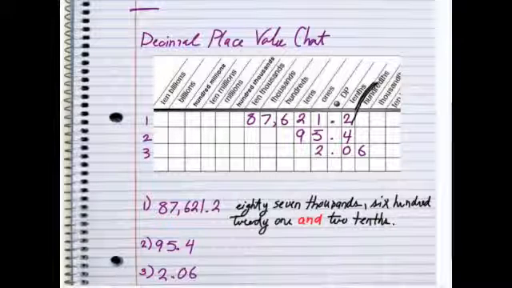Remember, in the last video we talked about never ever ever use and, because and represents a decimal point. So you have to make sure you're absolutely inserting and in these examples, wherever your decimal is.